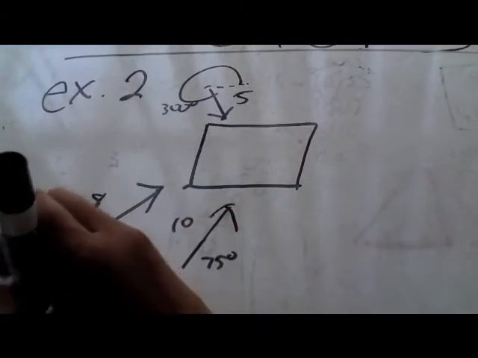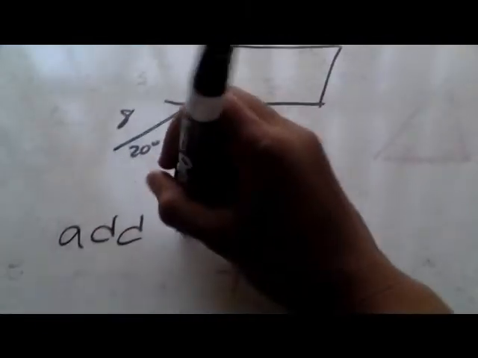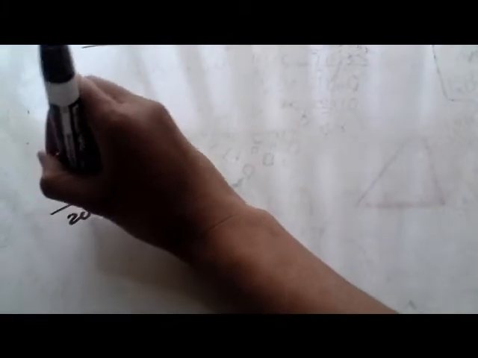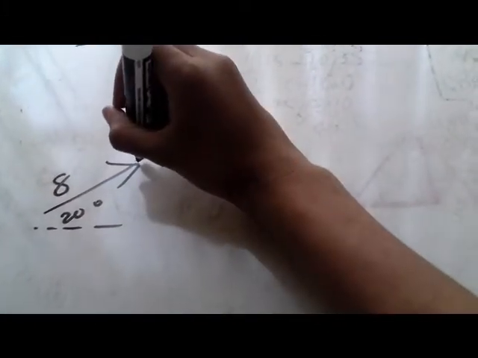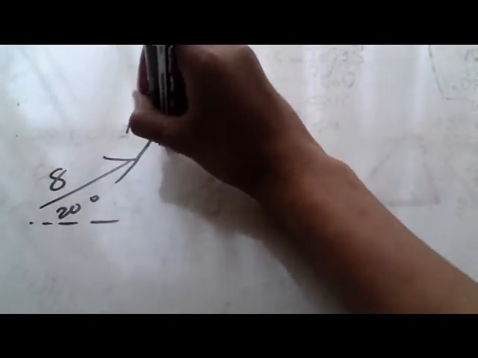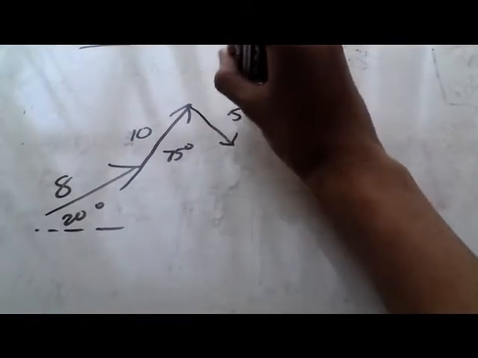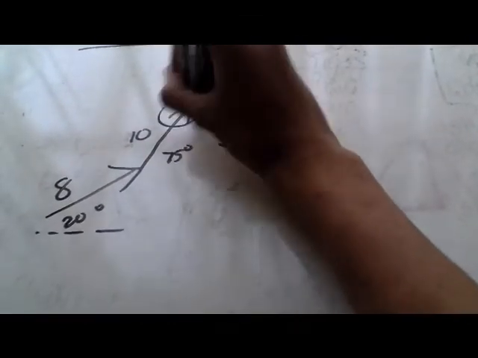You can add all the vectors together. I'm adding the vectors right now. 8, 20, 10, 75, and 5, 300.